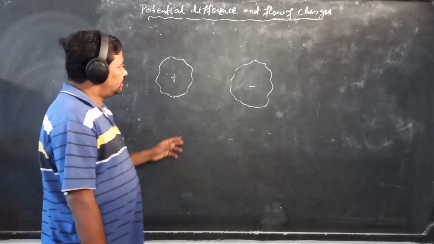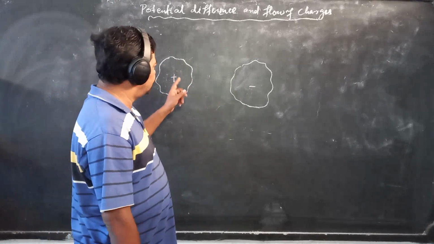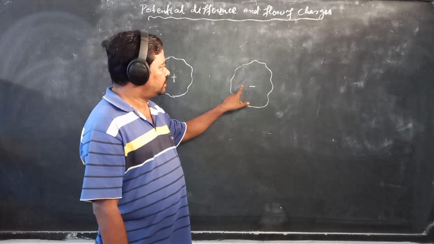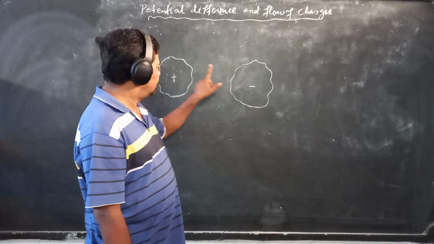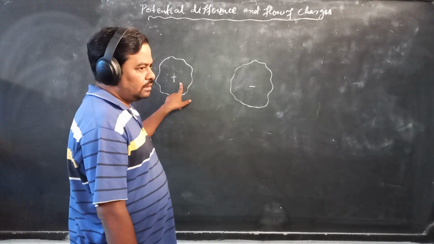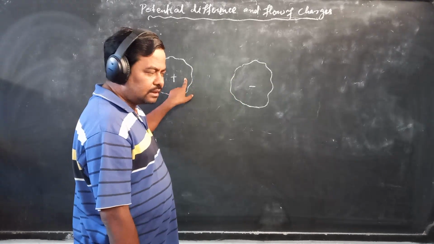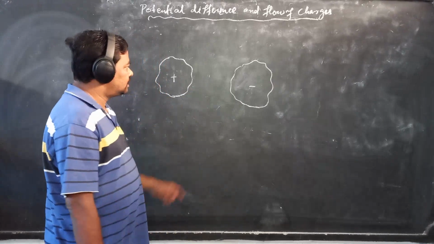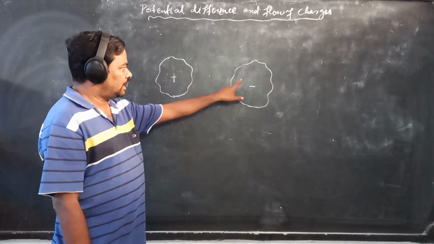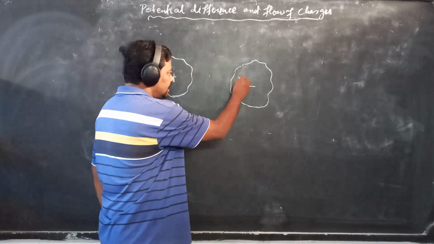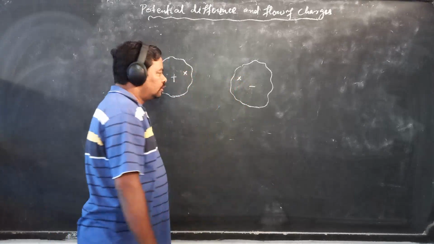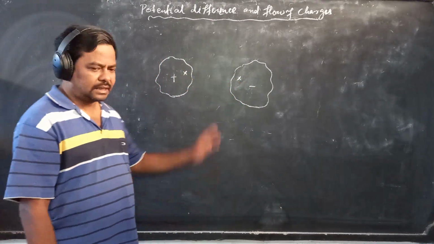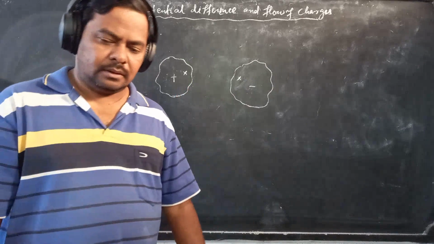That means, if I try to bring one unit positive charge from this negative field to this positive field and settle that charge at a certain point inside this field, then we will be able to know the potential difference between the point from where the charge has been brought and the point where the charge has been kept finally. Okay, so that is a different thing.